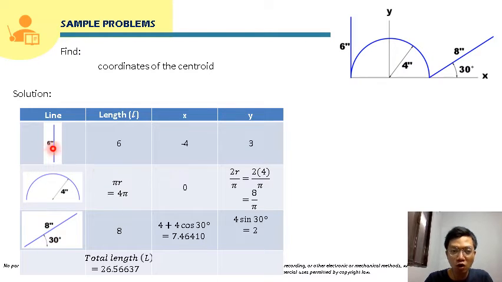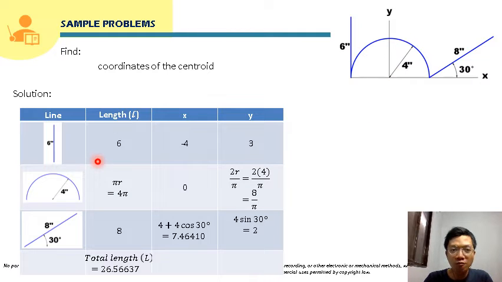We are going to solve for the length of each line, and also for the x and y coordinate of each line with respect to the reference point. Our reference axes are this y-axis and x-axis, so the reference point will be here.